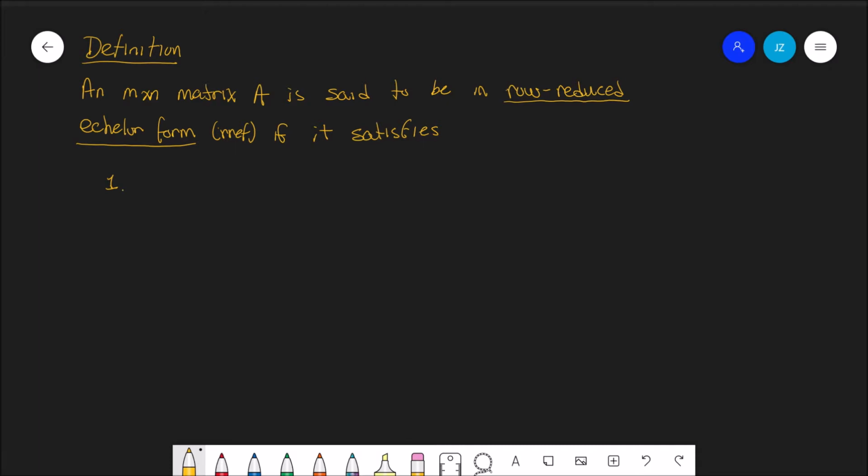The first, all 0 rows, if there are any, appear at the bottom.